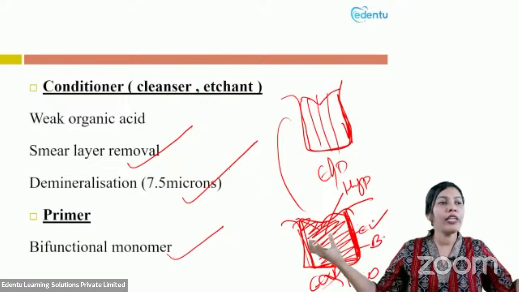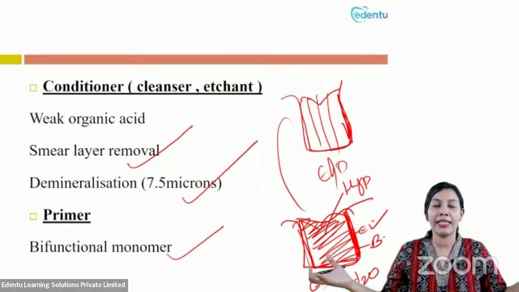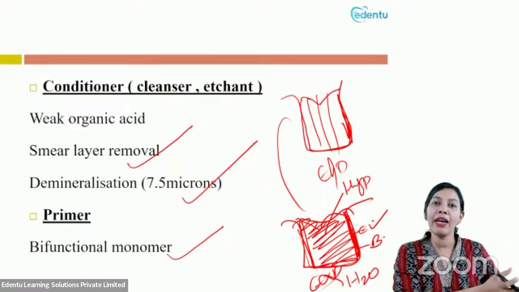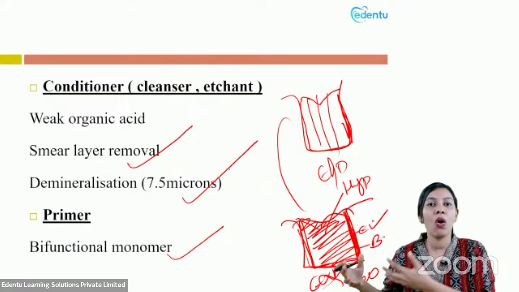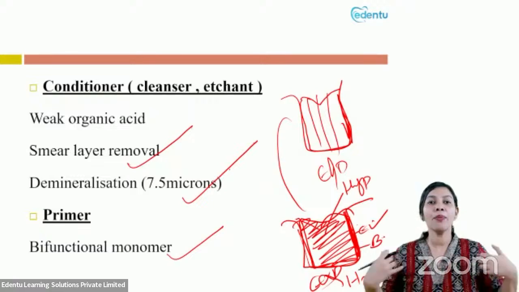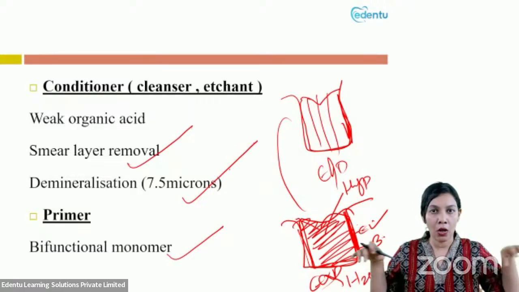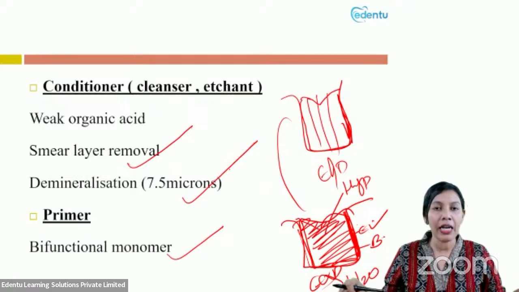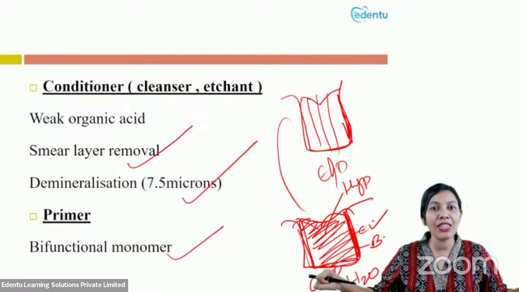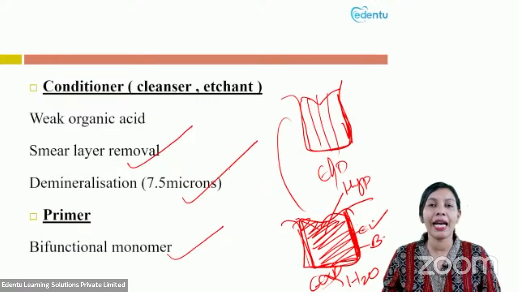So two different environments are being created. One is water loving enamel and dentine. The other side, there is water hating composite. So there should be a molecule in between the composite and the tooth, called a bifunctional monomer, which can hold these two materials together. That is actually a primer.